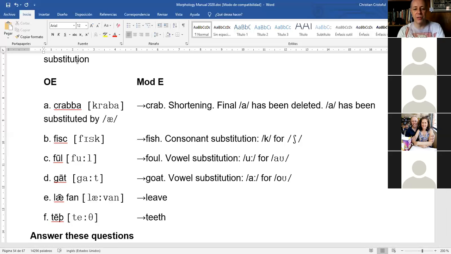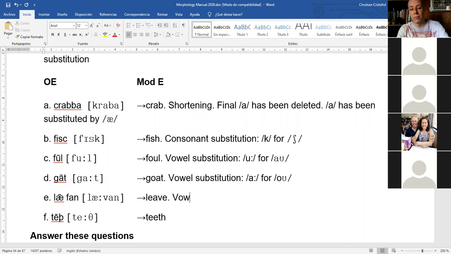Yes, very good. Before, people would say lavan. That's the pronunciation. It's not the spelling, it's the pronunciation. Now we say leave. Vowels.